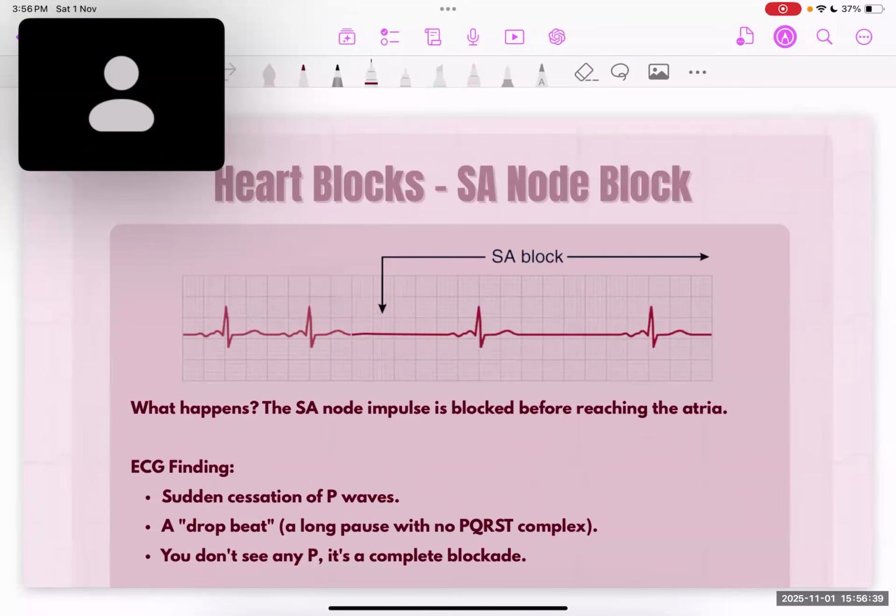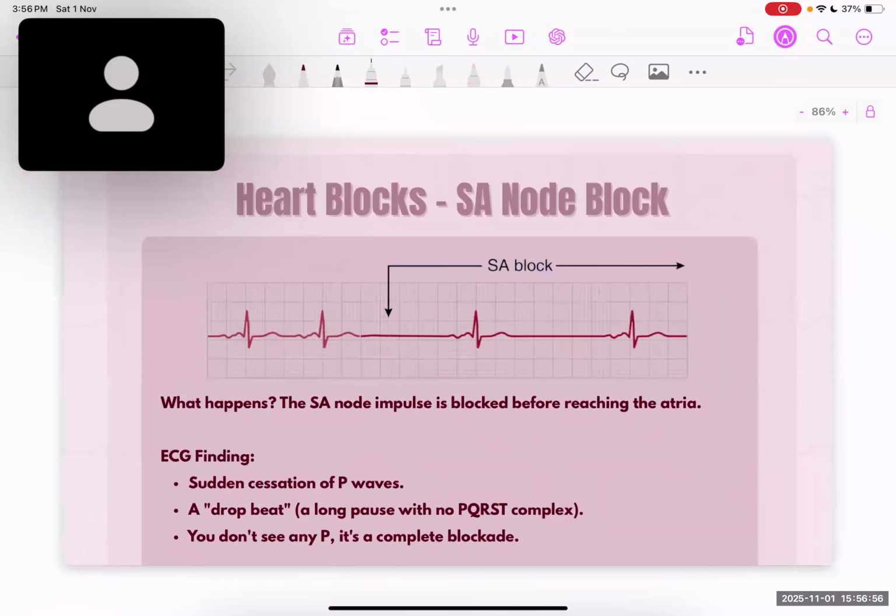That means it's not a complete block. When there's a complete SA node block, you will not even see your P wave at all. The whole thing is not there. P, Q, R, S, T, the whole beat dropped, there's nothing. You're going to see an empty space where it looks like there's supposed to be something, and it's not.